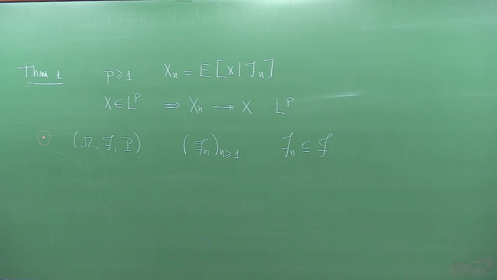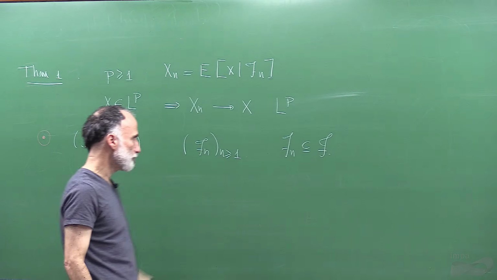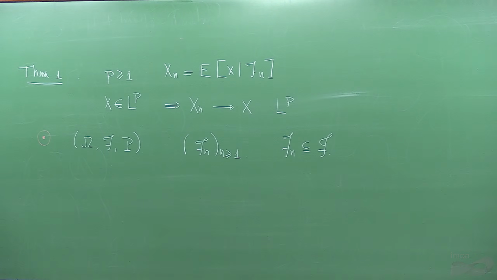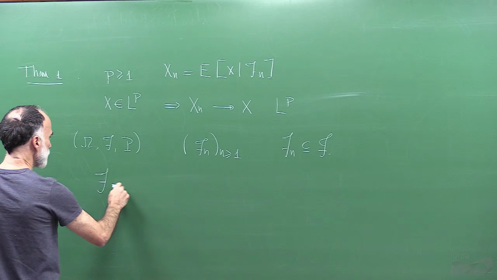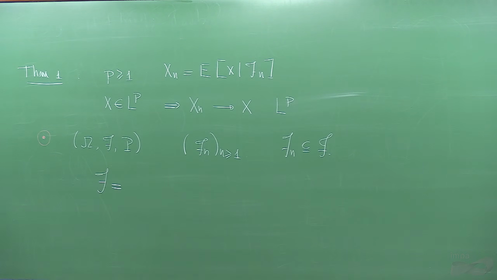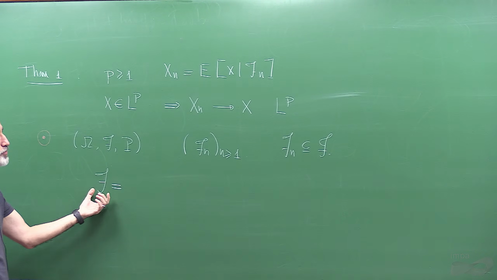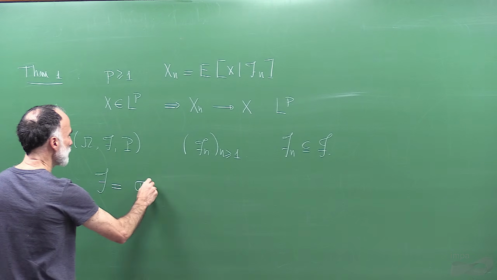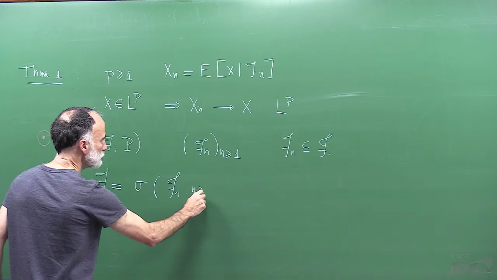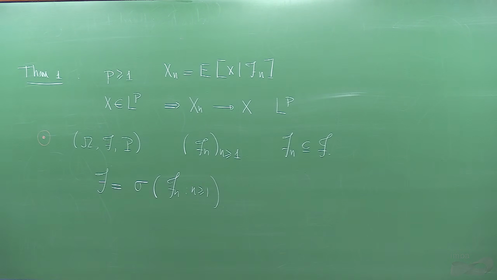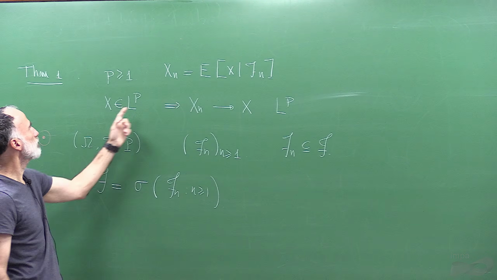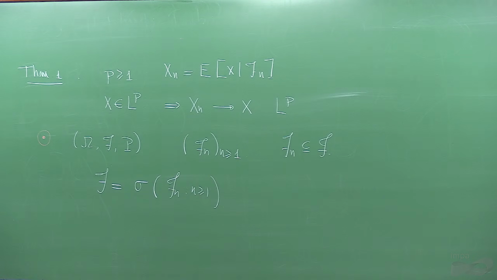To give a sense to everything, I'm assuming that these Fn are contained in F. Actually, in order to prove this theorem, I don't lose any generality if I assume that this sigma algebra F is actually the smallest one which contains all these Fn. If it's larger, you just consider this smaller one, and you take your variable x and its conditional expectation with respect to that, and you get a new one which is F measurable. So from now on, I will always be assuming this property.